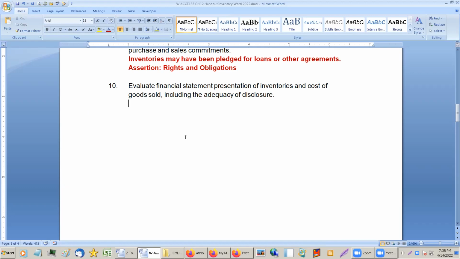Financial statement cost of goods sold, including the adequacy of disclosure. So the disclosure is that you don't have to keep all inventory using the same method.